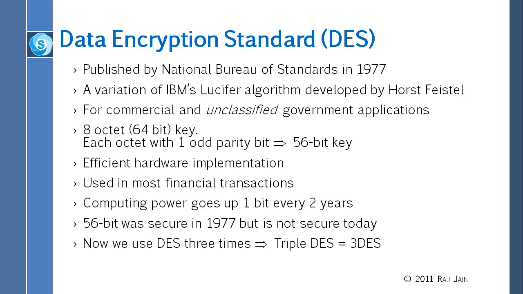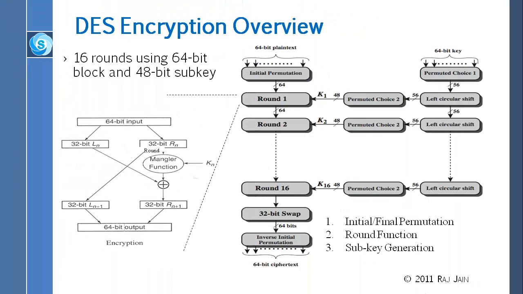Triple DES means we take DES, encrypt the message, then take the encrypted message and encrypt it again, then encrypt it again, 3 times. So instead of 16 rounds, you now have 48 rounds. Instead of 1 key, you have 2 or 3 keys. All right. So this is very strong, and is still used, if not as DES, then as triple DES. We have already seen most of it, but here is the triple DES.